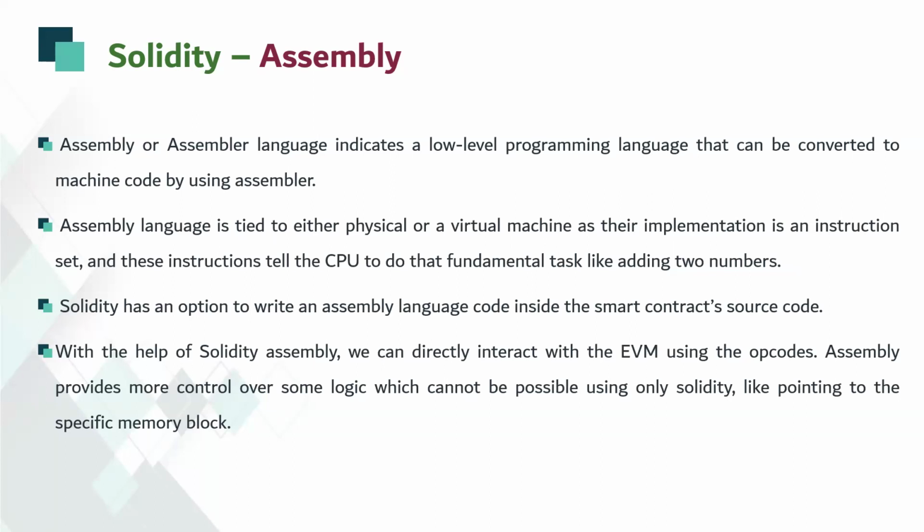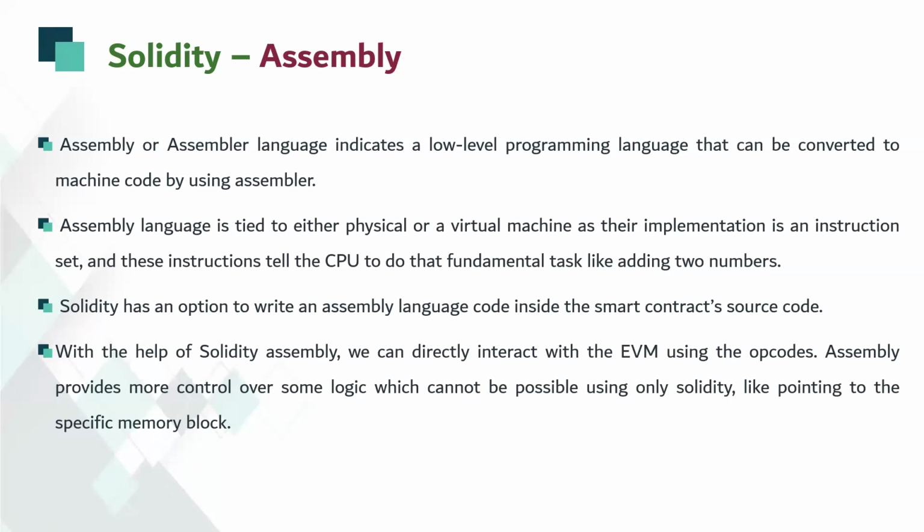In the context of Solidity, assembly refers to the Ethereum Virtual Machine assembly, which consists of opcodes that represent the fundamental operations performed by the EVM, the Ethereum Virtual Machine.